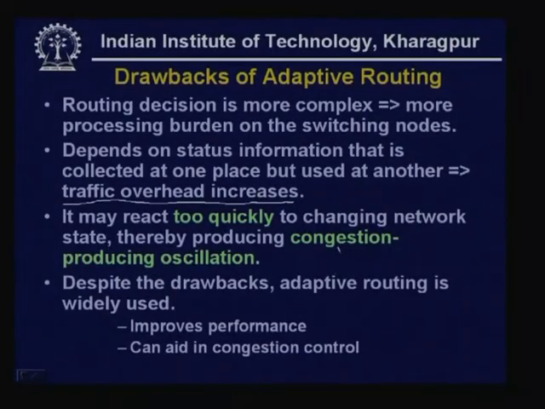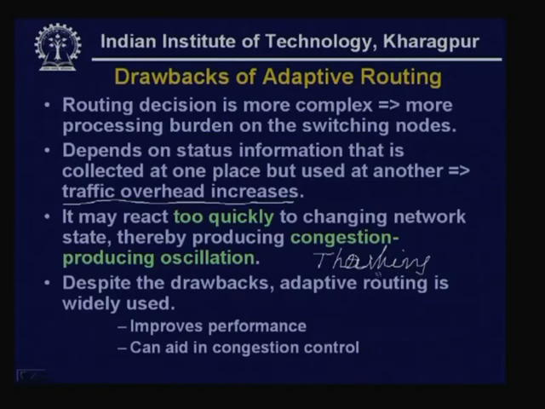Suppose there is a traffic jam in a particular part of the city, and very quickly all the traffic is diverted to another part of the city. So, very quickly there will be a traffic jam in that other part of the city, and this way the traffic will hop between two areas instead of going to the destination. So, a somewhat similar situation can arise here. This is known as thrashing situation.